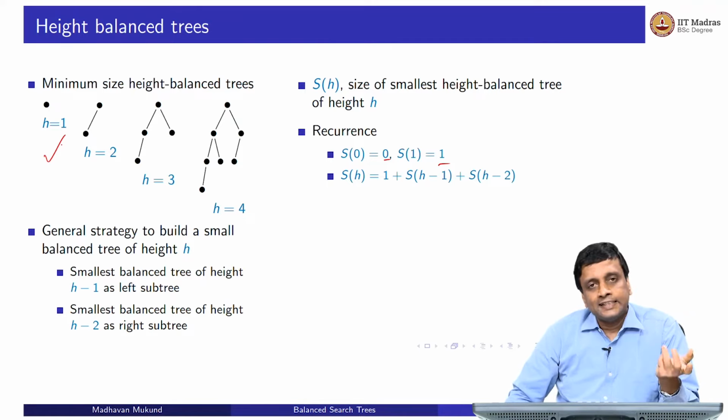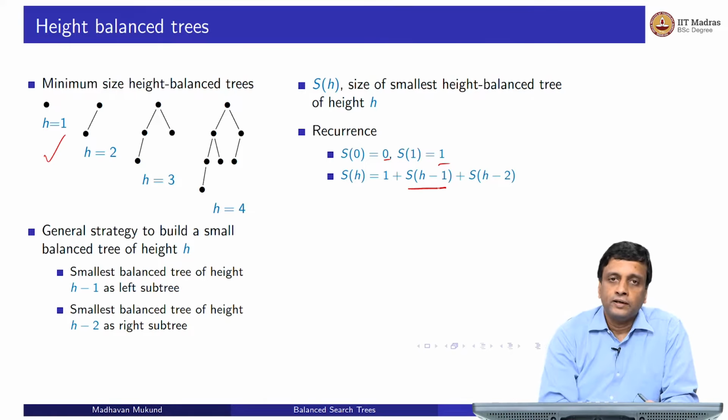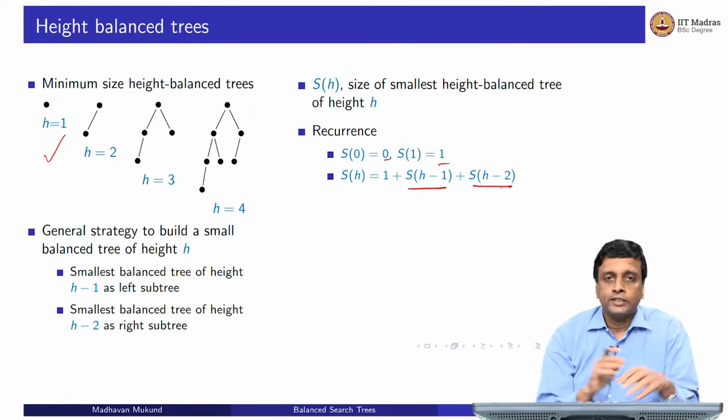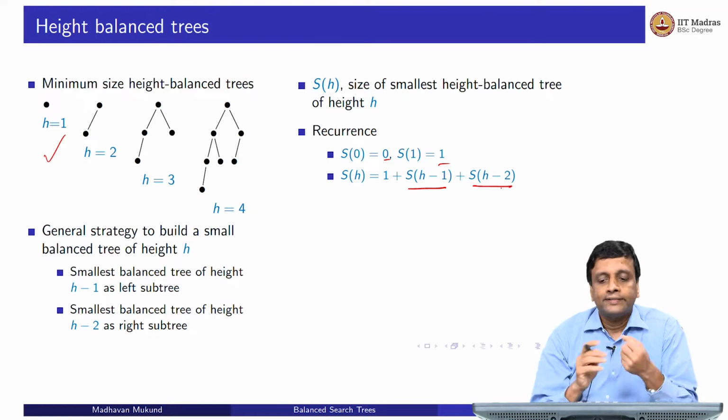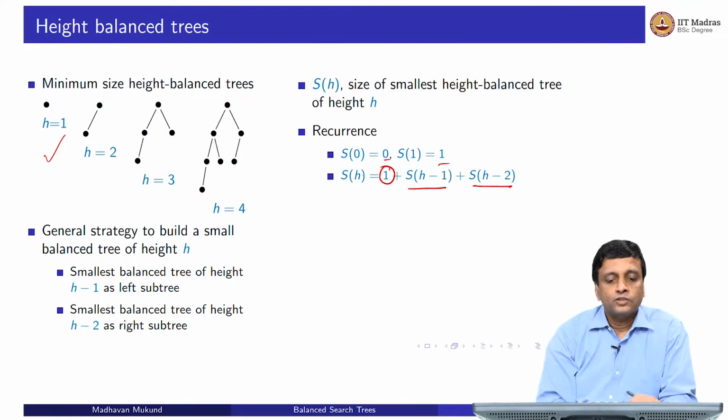Now our strategy tells us that the way we construct the smallest tree of height h is to first take the smallest tree of the lesser height h-1, take another tree of h-2 and put it on the other side, so that this node is balanced, and then I have to account for the new root that I have put in, so I have to add a 1, right? So that is what we said here.